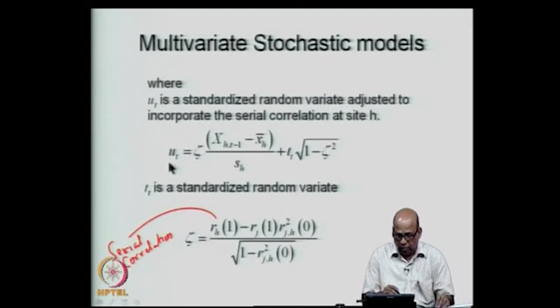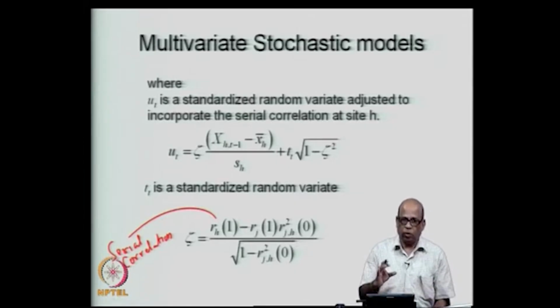As I mentioned, in the term ut here, you have the lag 1 autocorrelations of both the site h as well as site j, and you also have the cross correlations between the site j and h. And this is how you build models for two sites.